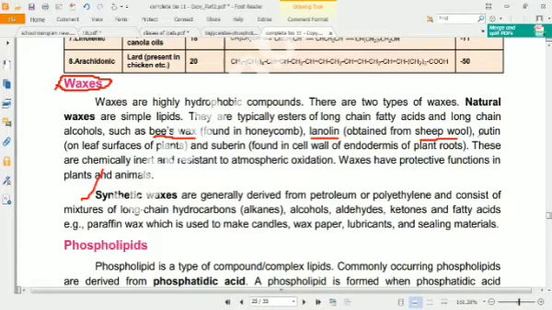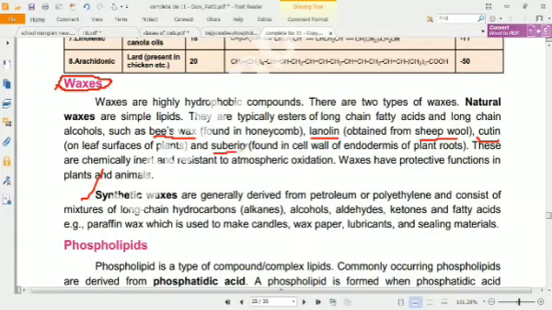As well as cutin, the wax which is present on the cuticle of the leaf surfaces of plants, which protects them from evaporation and transpiration, and makes the plants stand upright in harsh or strong sunlight and the outside environment.